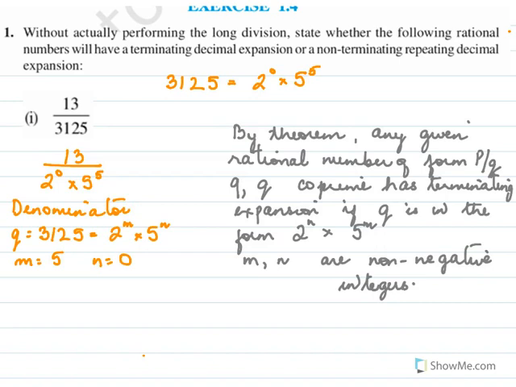And in this case, they are non-negative. One is 5, one is 0. So you can see this is a terminating decimal.